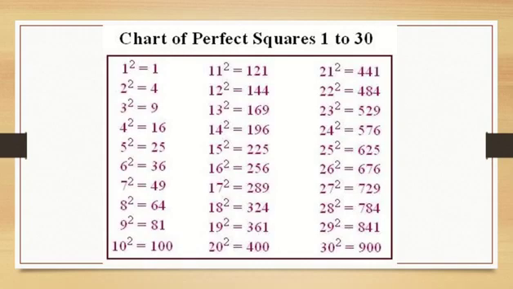So like 1, 4, 9, 16, 25, 36, and so on and so forth. So dapat alam natin yung mga numbers na perfect squares at hindi perfect square dahil kakailanganin natin siya sa pag-solve ng quadratic equations by extracting the square roots.